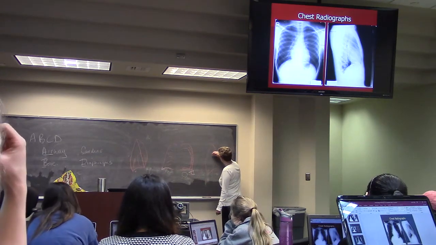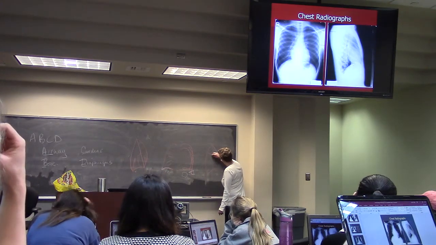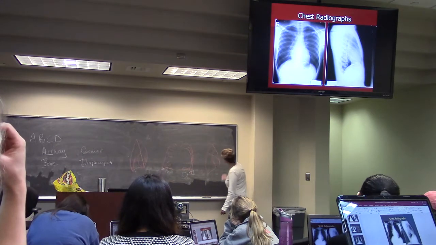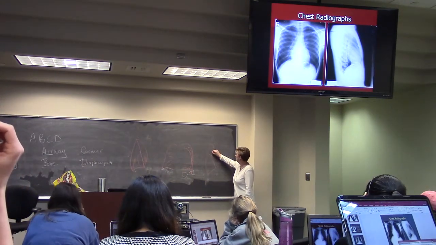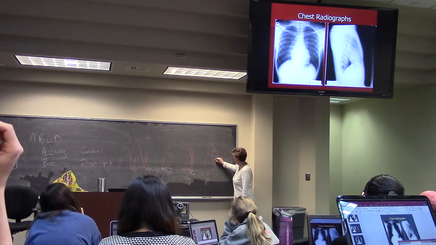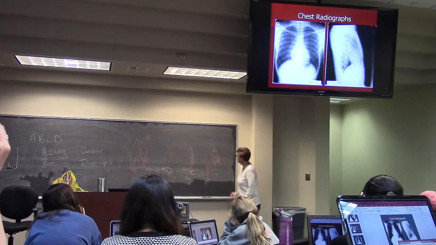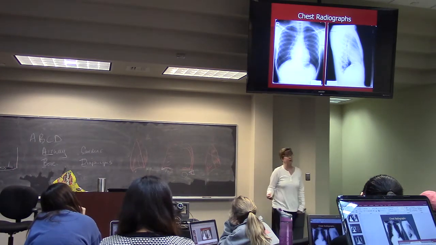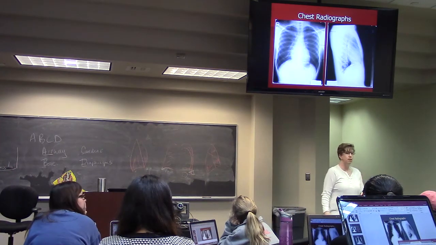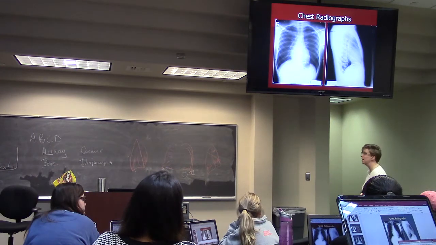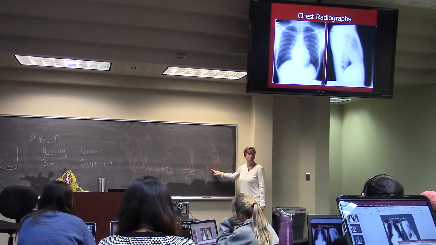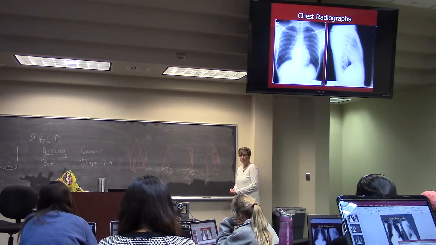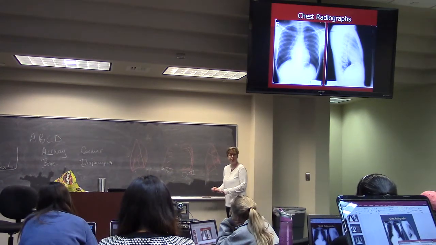Actually, the way it's done is, this is your right upper, right middle, and right lower lobe. So in that picture, if we knew it was on the right side, because we would use our PA, we would know that that infection is in the right lower lobe. Okay?